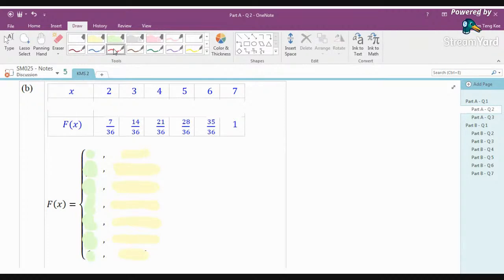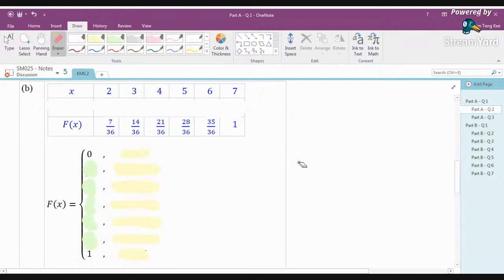So first of all, you must always be alert that your cumulative is always from 0 until 1. So therefore, for your cumulative function, without further ado, you know that you start from 0 until 1, like this.